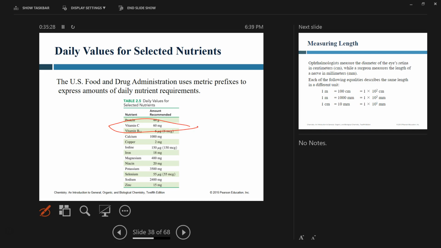Now, let me ask you a few really simple questions. What is bigger, a gram or a milligram? Gram. What is smaller, a microgram or a milligram? A micro, because it's 1 millionth. Well, let's make it more complicated a little bit.